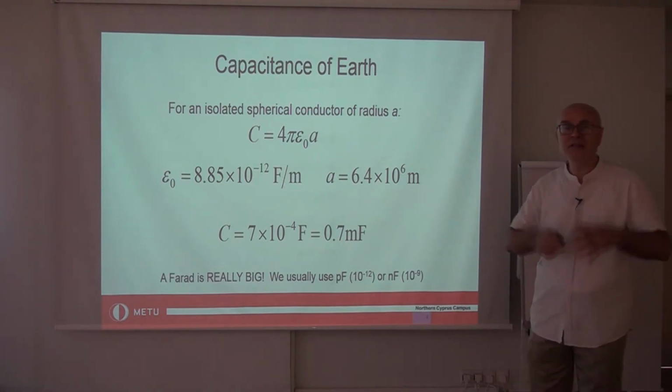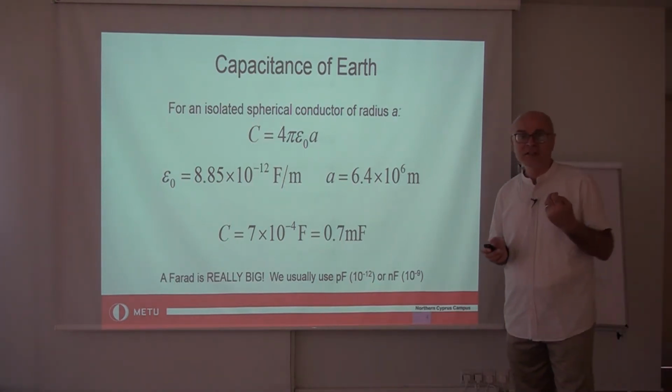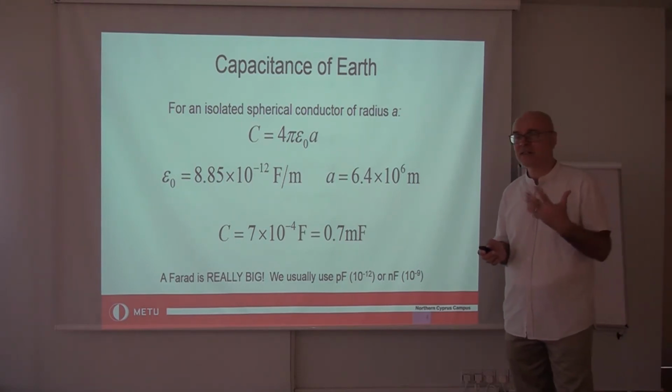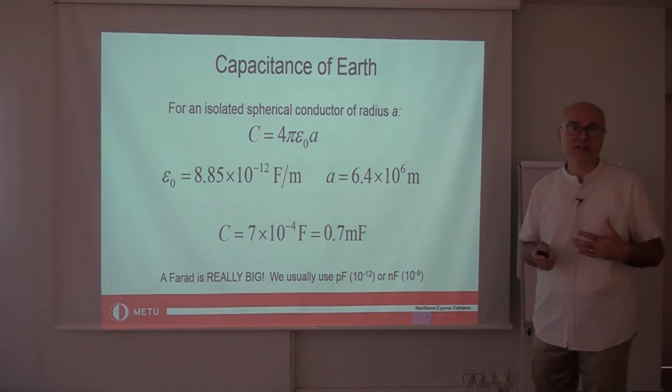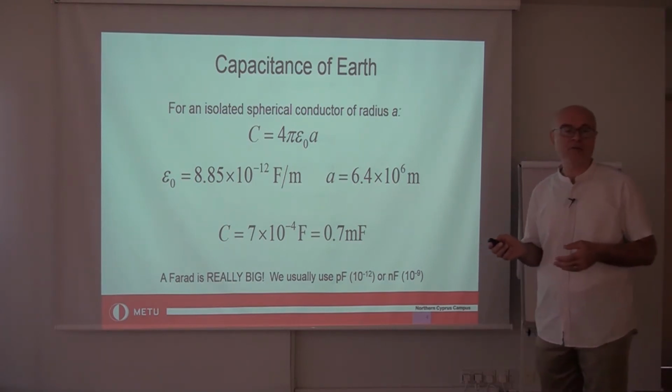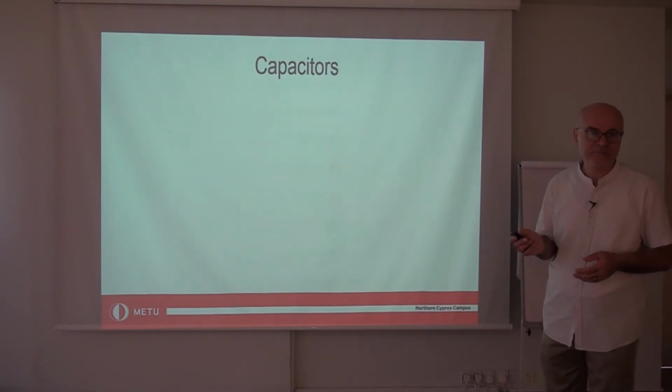So a conductor as huge as the Earth will have a capacitance less than 1 farad. This gives you an idea how large the farad is, and this is why we actually use micro, pico and nanofarads.